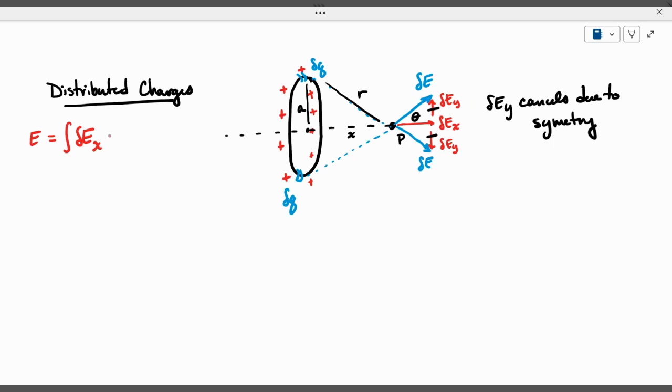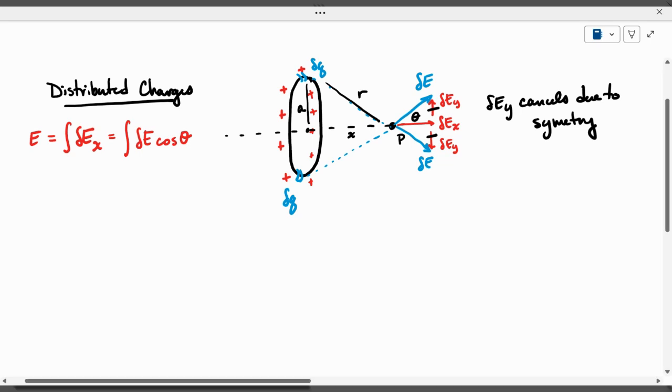And so I can expand that even further and say that is equal to dE times cosine of theta, because it is adjacent. So now the question is, how do I go even further from there?